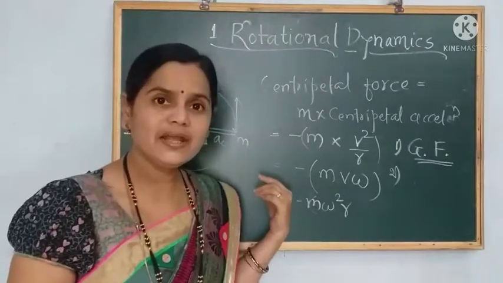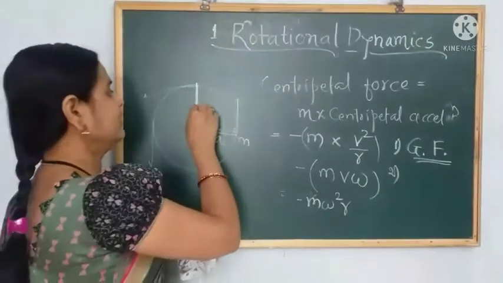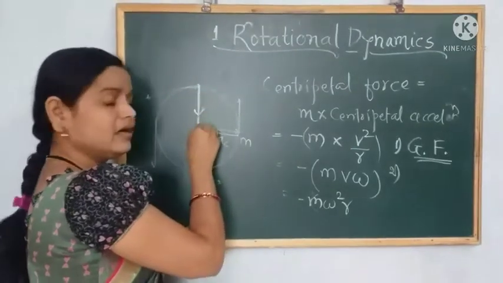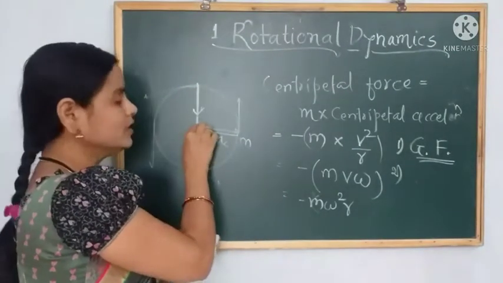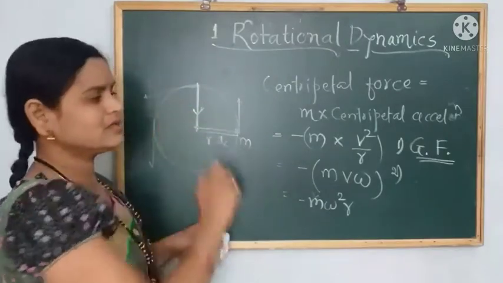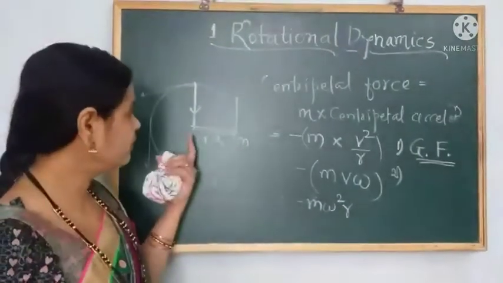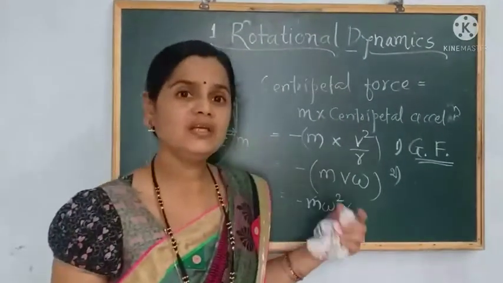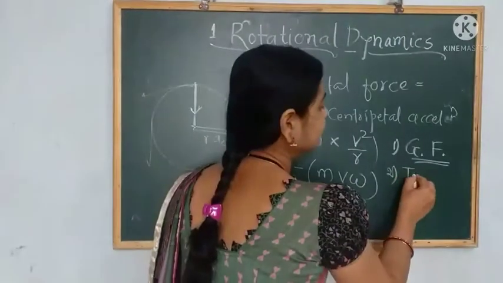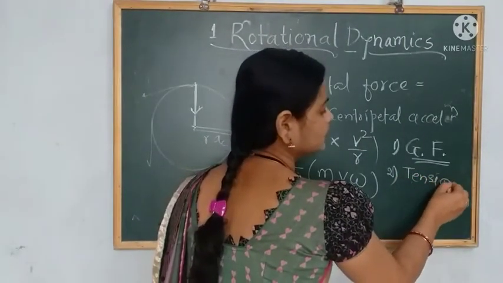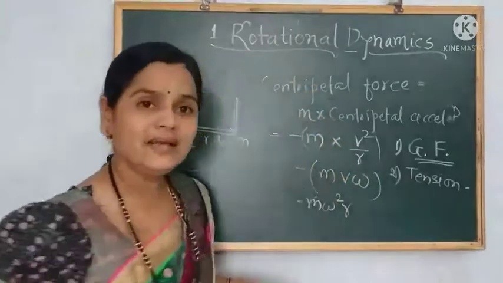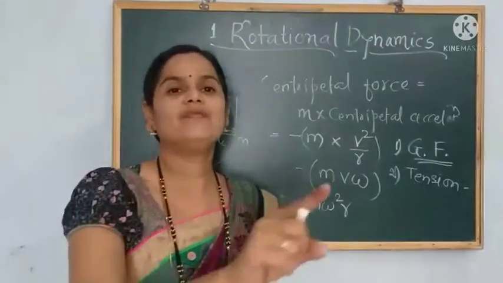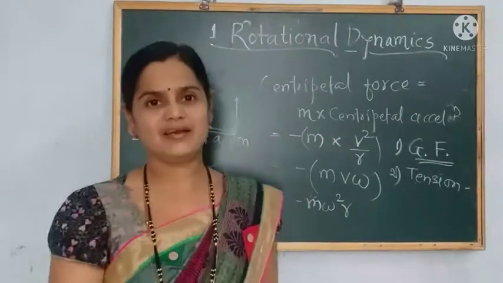So this tension acts radially along the radius and towards the center. In such examples, the tension in the string acts as the centripetal force to perform the horizontal circle.